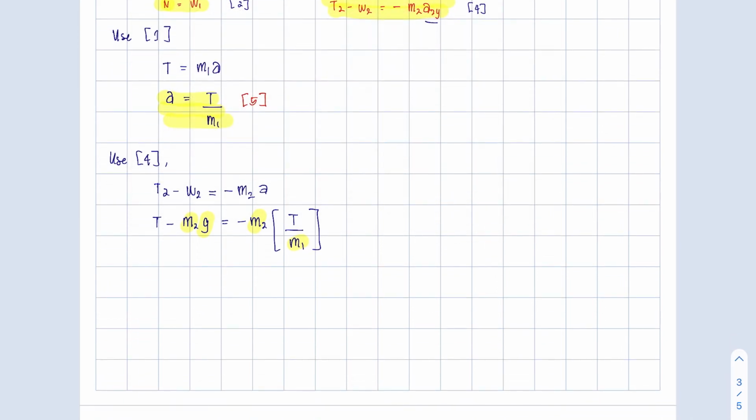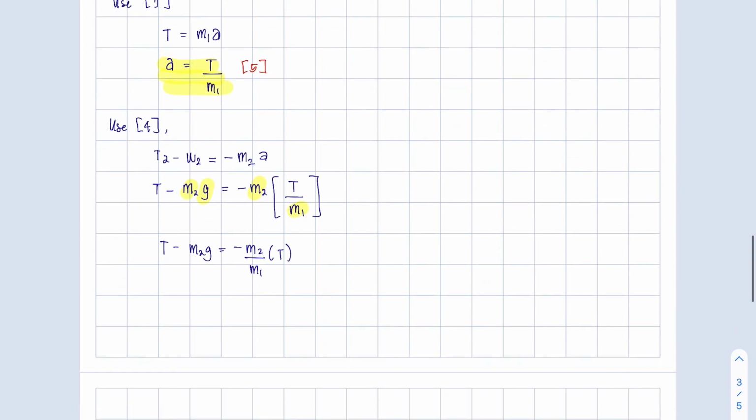So what I'm going to do is this. I have T minus m2g is equal to negative m2 all over m1 multiplied by T. I'm going to group together the T terms. So I will have T, minus, so I have plus m2 over m1 multiplied by T. And this one that bears a negative sign, when it's transposed, will be positive, so m2g.